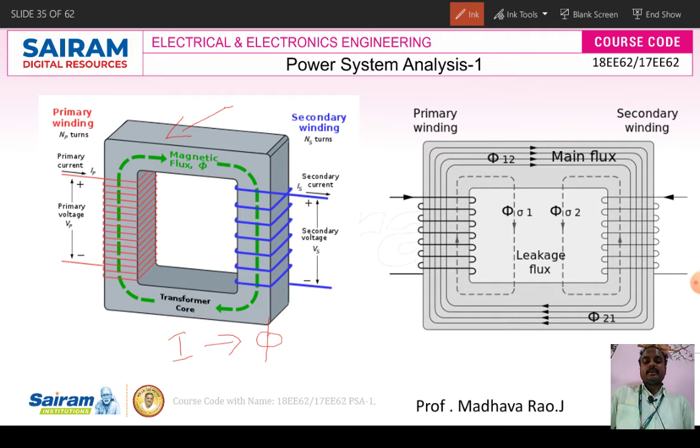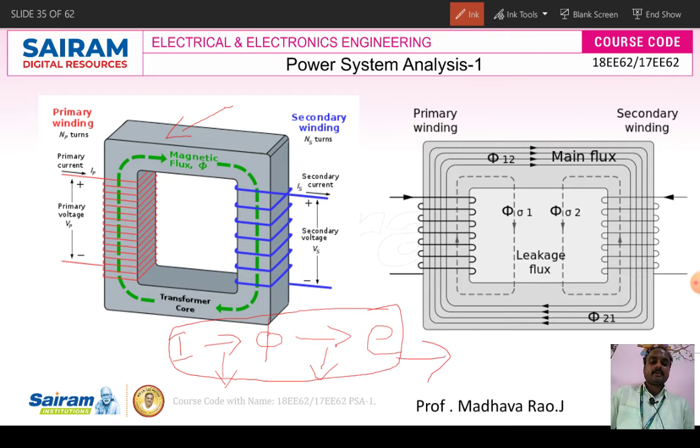Again, this magnetic flux will convert into induced EMF. That is called electromagnetic induction. Both together, electromagnetism and electromagnetic induction, we call mutual induction principle. So transformer operates on mutual induction principle.